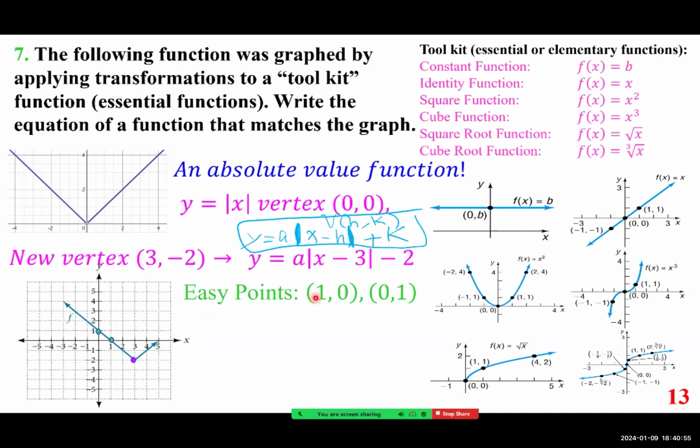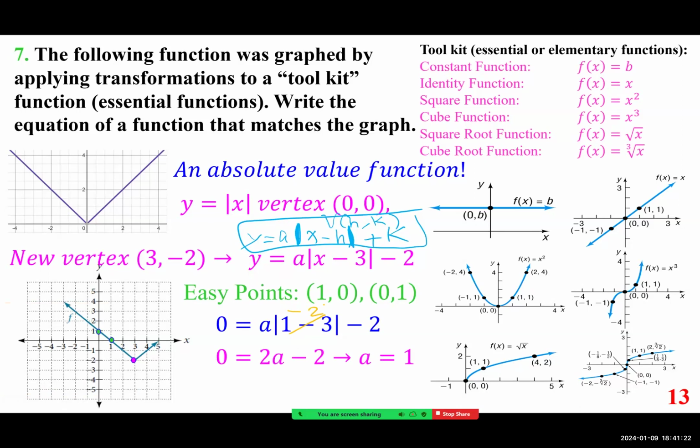If I use this one, instead of y I'm going to put 0, instead of x I'm going to put 1. So any of them is fine. If I use the first one, x is replaced by 1, y is replaced by 0. As you can see, this is -2, and the absolute value of -2 is +2. So it's 2a minus 2 equals 0. And obviously, a becomes 1. And that's your final answer.